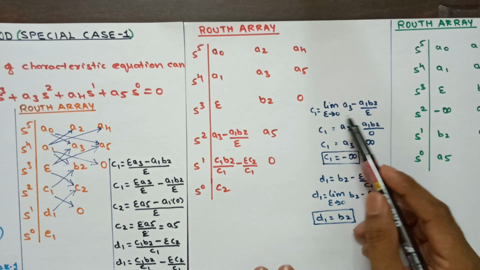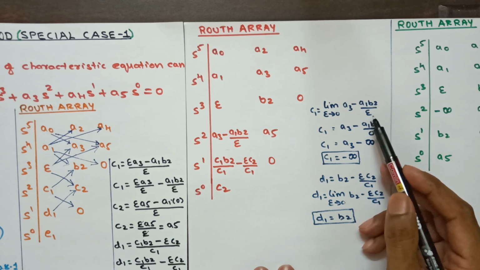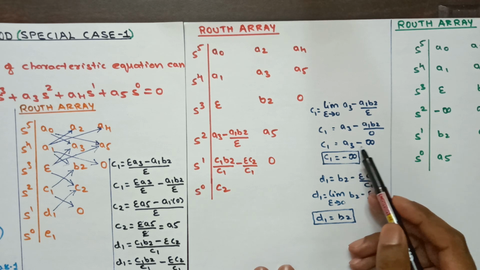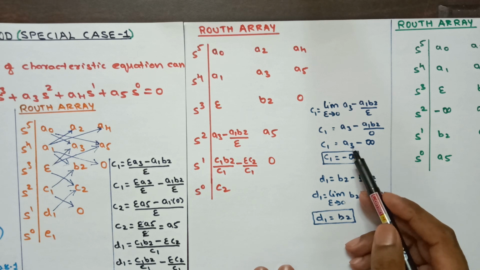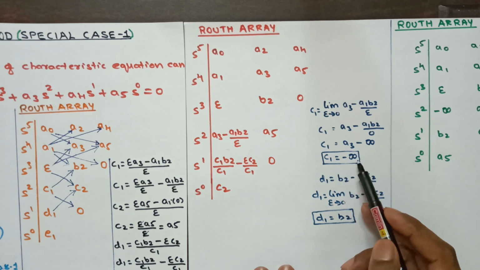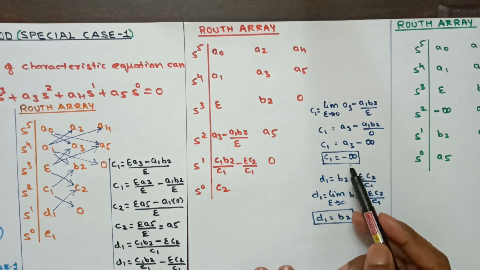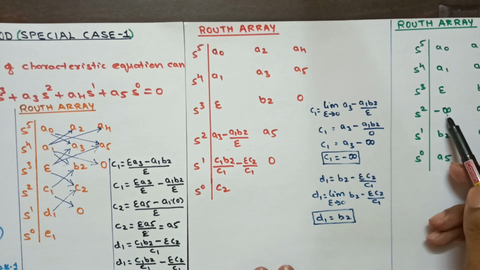And we know when I apply the limit epsilon tends to 0, anything divided by 0 is infinity. So if I subtract anything from infinity, I will get an infinite value. That is, in this you can see a3 minus infinity, the value for c1 I am getting is minus infinity. Which you can see here I have substituted: this c1 value is minus infinity.